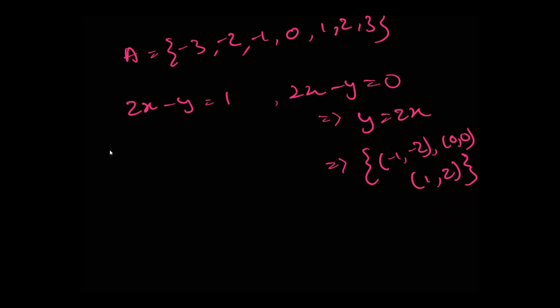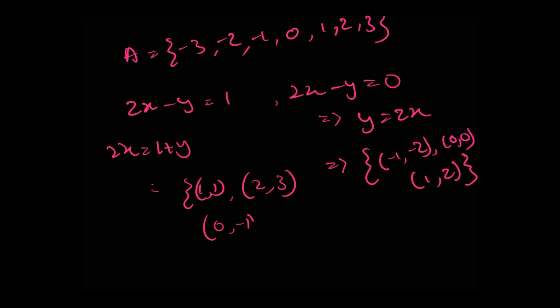And from here, 2x equals 1 plus y. If we take y equals 0, no problem. y equals 1, x equals 1, so (1, 1). If y is 2, we cannot take. If y is 3, then x will be 2, so (2, 3). Similarly, if y is -1, x will be 0.